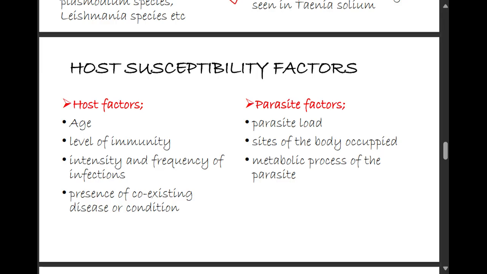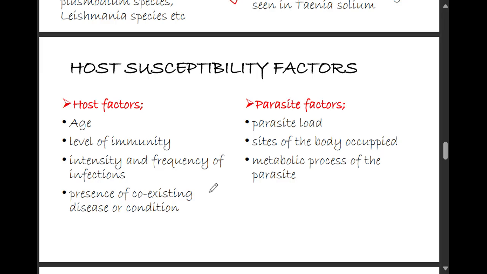Then when it comes to the parasite factors, we can talk about the parasite load, which has to do with the number of parasites; the sites of the body that have been occupied; and the metabolic process of the parasite, particularly the nature of any waste products or toxins produced by the parasite during its growth or reproduction.